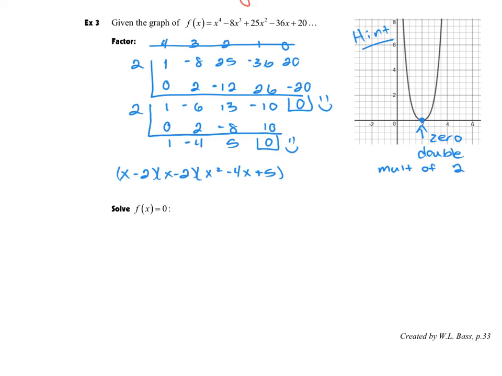And then if I want to solve this, I can set this equal to 0. So I'm going to rewrite it. Now, we already know that these are going to give us our x equals 2.